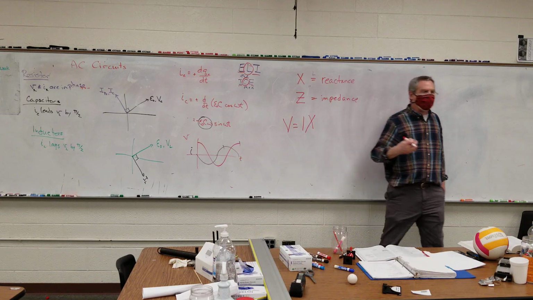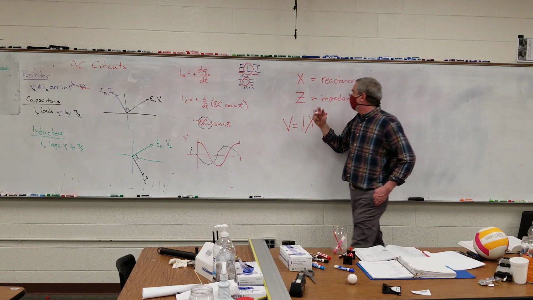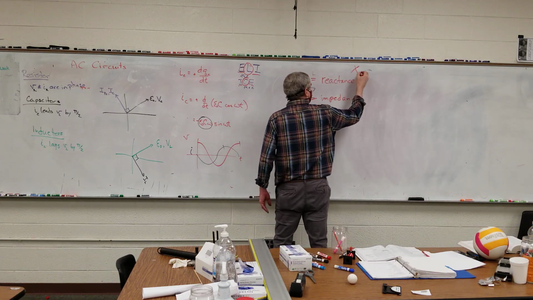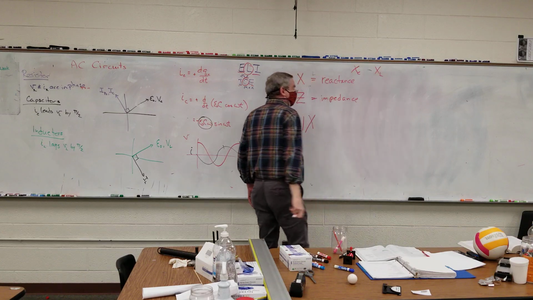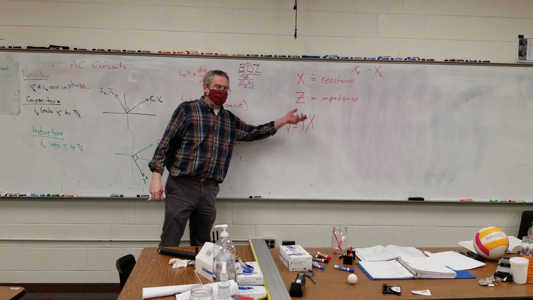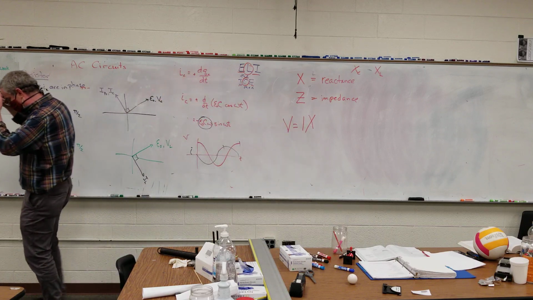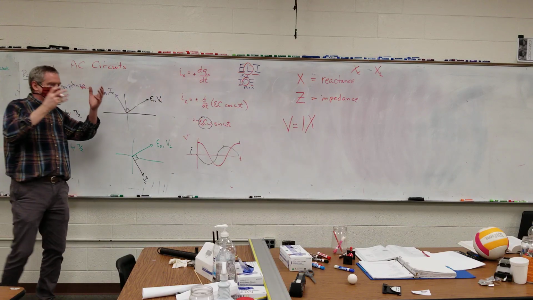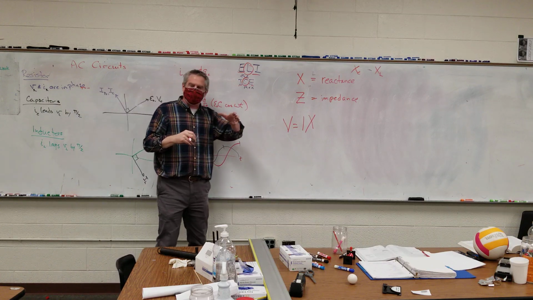When we're dealing with an individual thing, so for example, there's going to be capacitive reactance and inductive reactance. Basically, it's sort of a fudge factor to fit into Ohm's law.